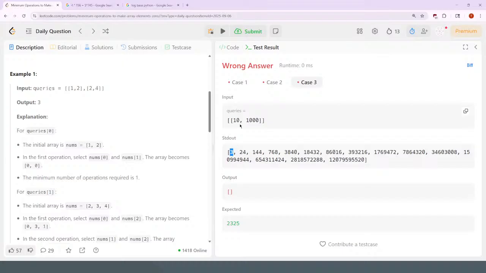Maybe it is. 3. Seems like it might be off just a little bit.